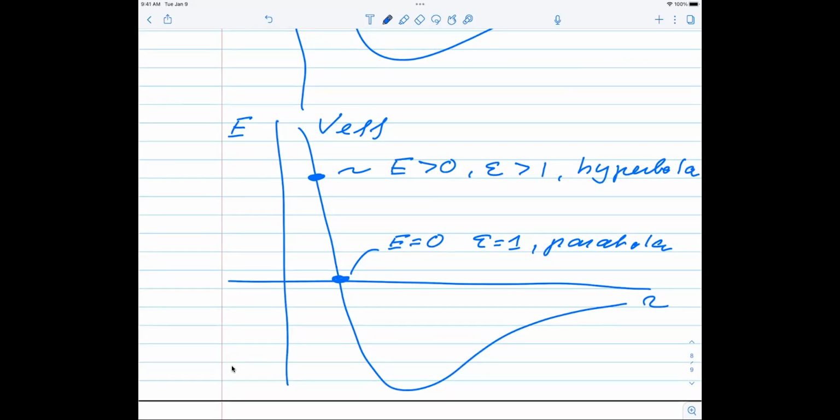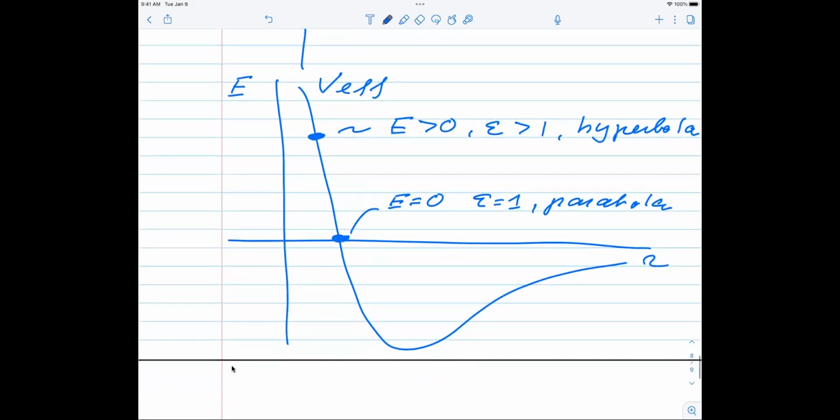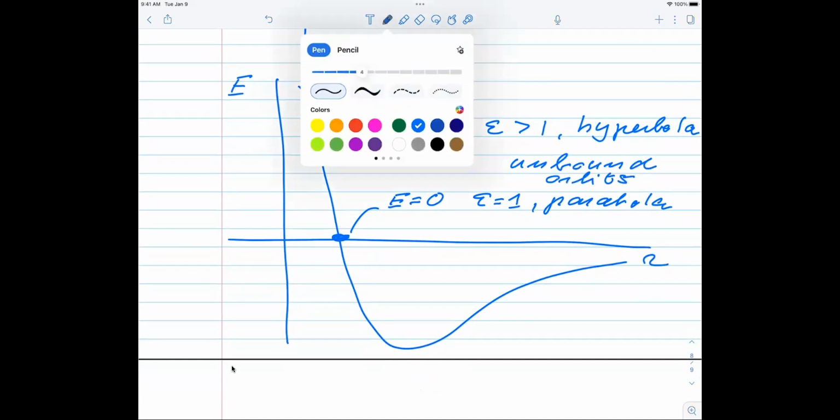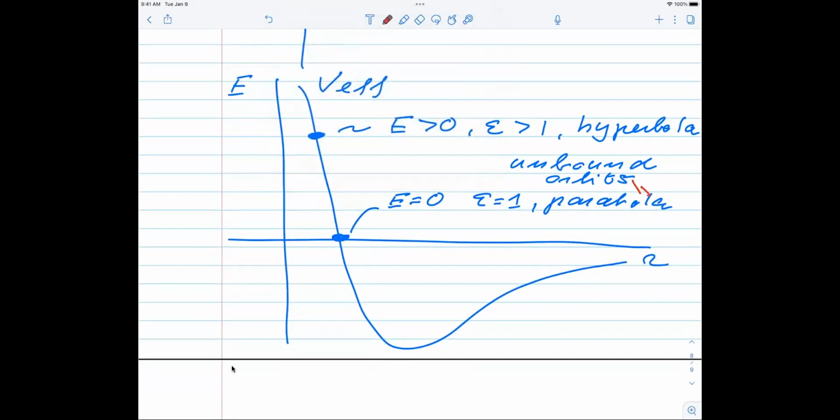This is roughly what happens in a hyperbolic motion, when a comet is being deflected by one of the planets or the sun or whatever. So these two cases give unbound orbits. That's a typical word which you will use in physics. So this applies to both cases, both here and here.